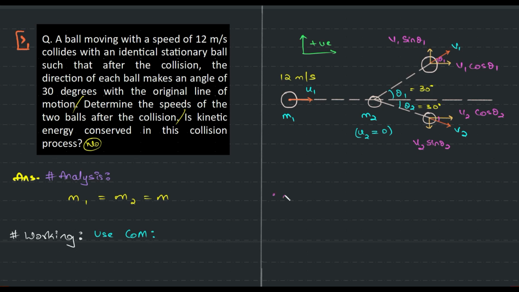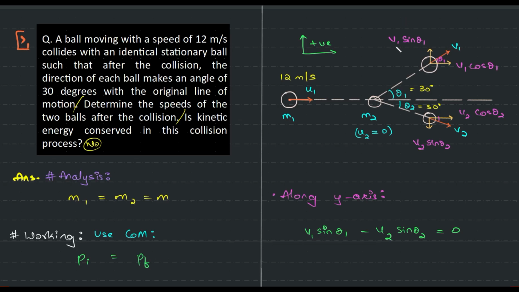So first I'll go along the y-axis. So here v1 sine theta 1 minus v2 sine theta 2 has to be equal to 0. Initial momentum has to be equal to final momentum. So this is the final momentum.